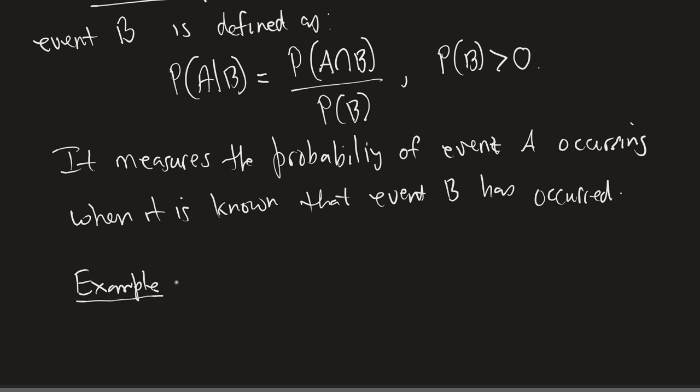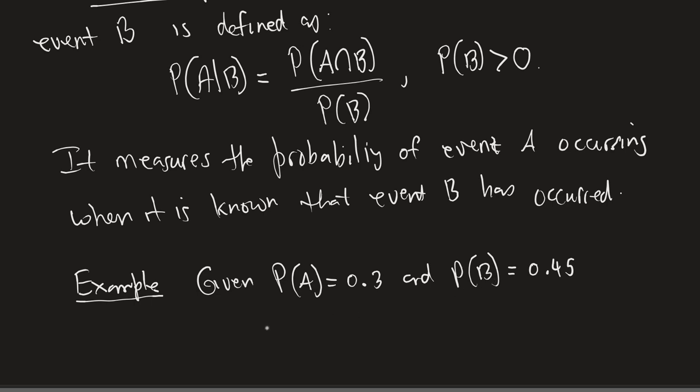And let's say, given that the probability of A is 0.3 and the probability of B is 0.45, and let's say we know the probability of the union is 0.85, right?